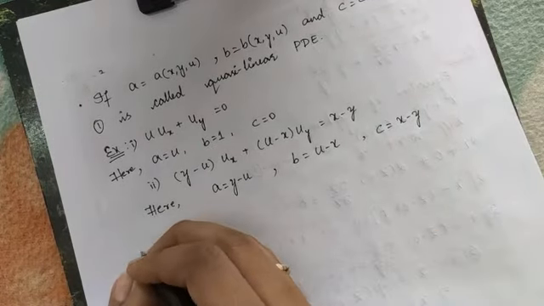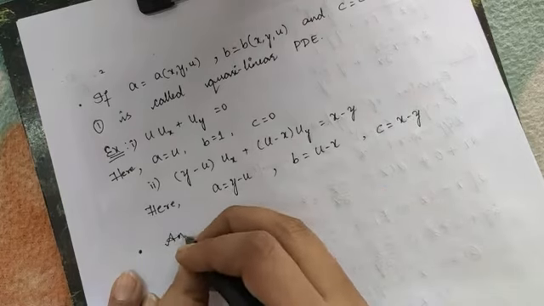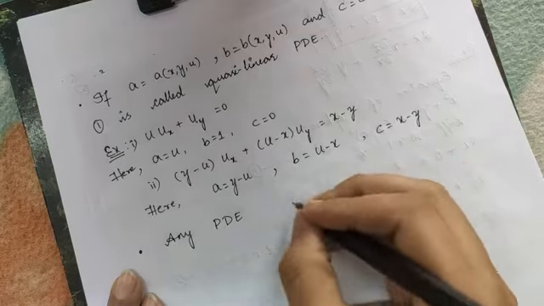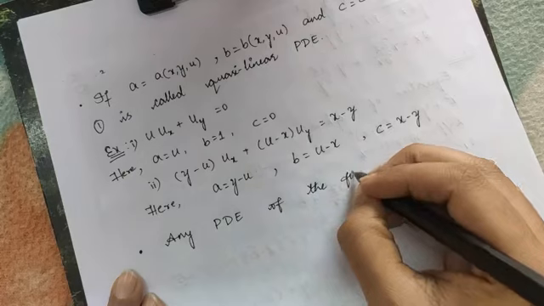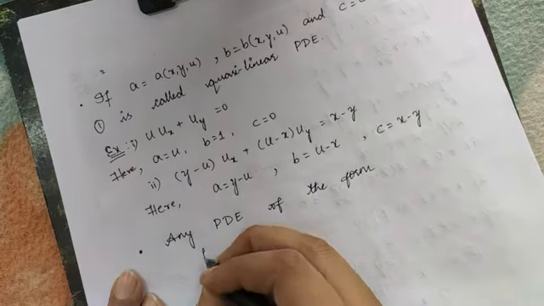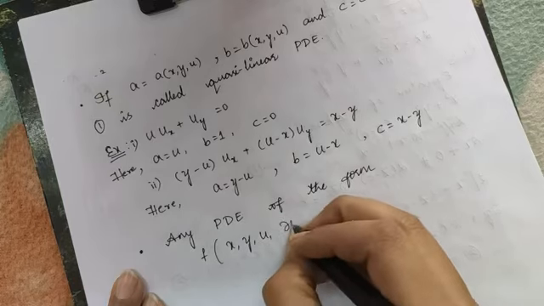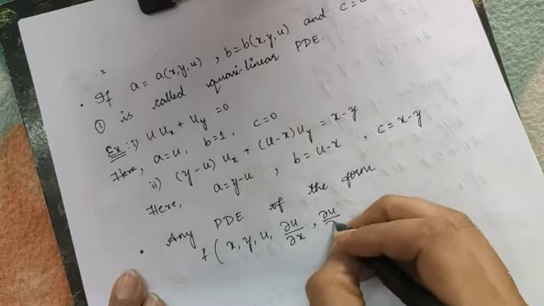So the last one is the non-linear PDE. That is, any partial differential equation of the form f(x, y, u, ∂u/∂x, ∂u/∂y) = 0.